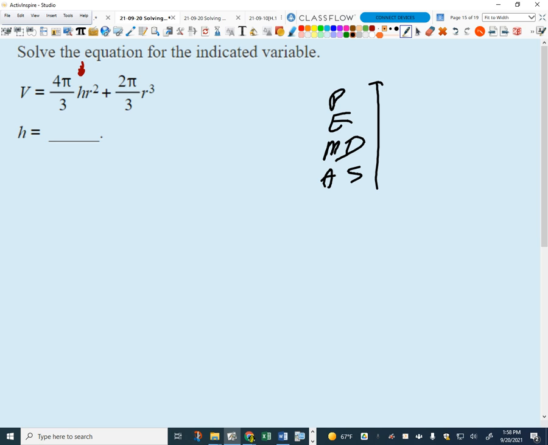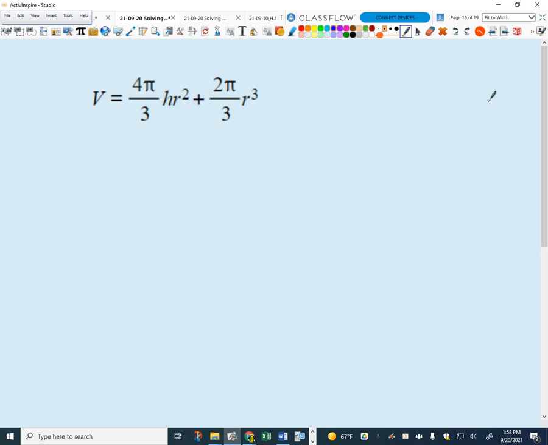Well, the weakest bonds to break here is just adding or subtracting something outside of parentheses, right? Everybody see that? This is not included in parentheses. So here's the first step. I'm going to undo that by subtracting this from both sides.